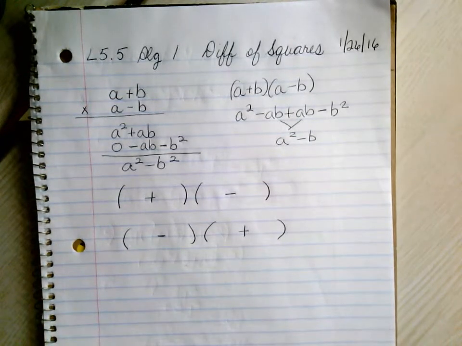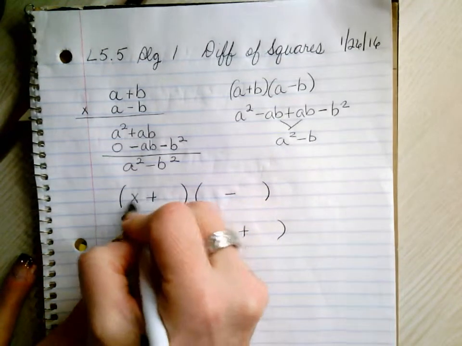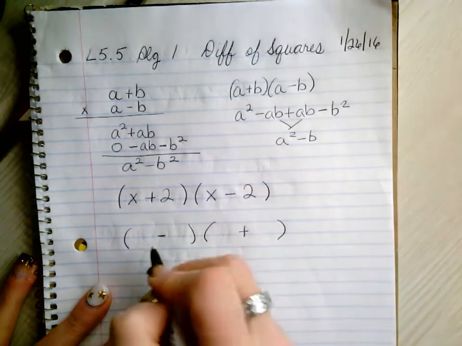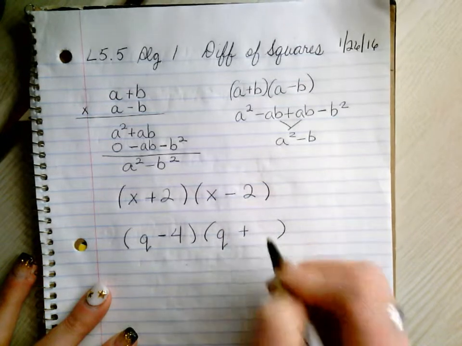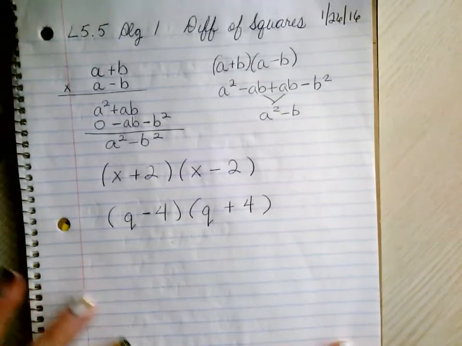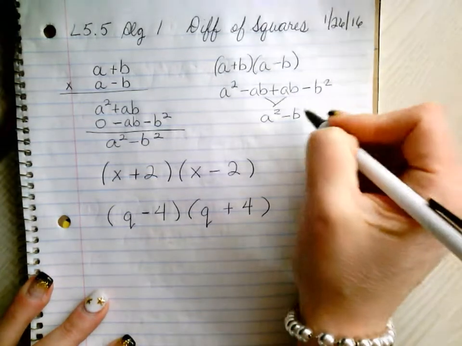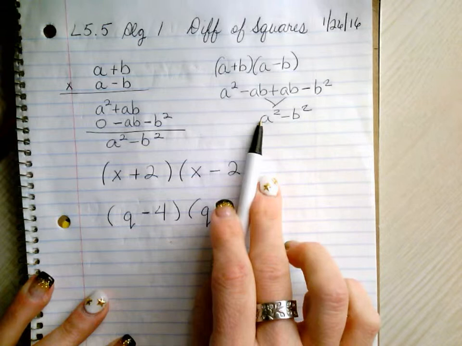Does it make a difference? No. So let's just say I do x plus 2, x minus 2, or I do q minus 4, q plus 4. These are both examples of the difference of two squares. The difference of two items that were squared.